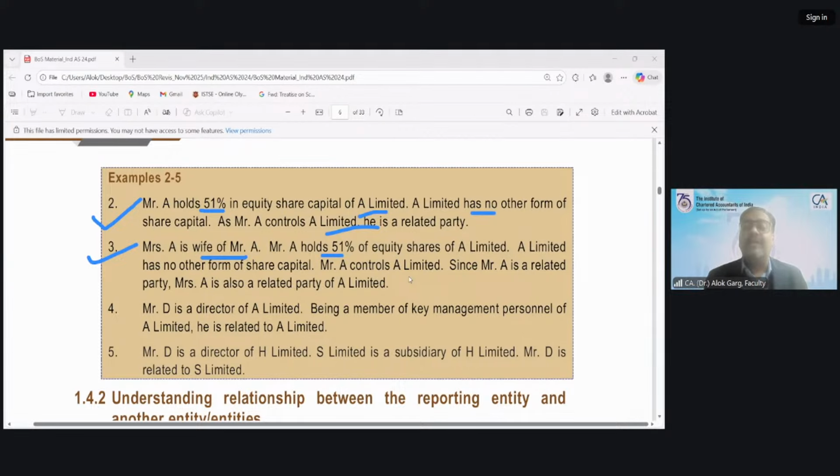Tell me whether a spouse of Mr. A will be considered as a related party of A Limited or not. Yes, sir. A spouse is considered as a relative. So if a person is a related party of an entity, then relative of that person will also become a related party of that entity. And what is the definition of relative?